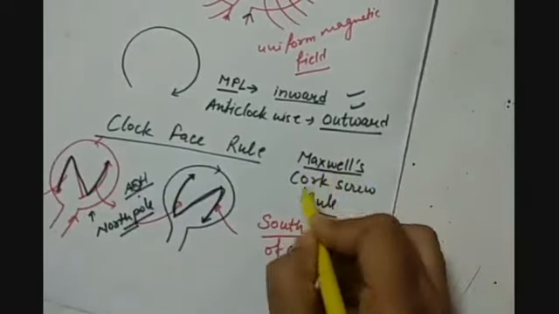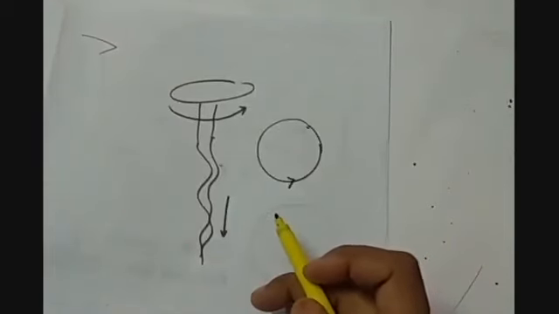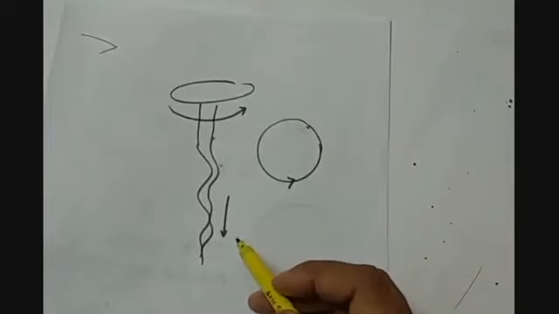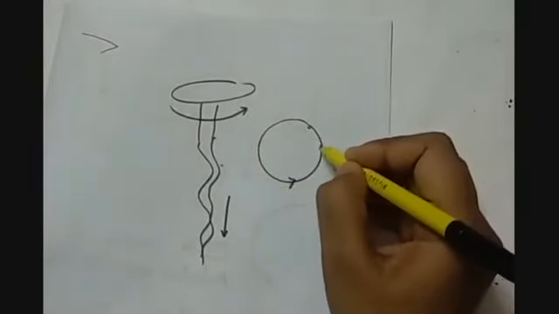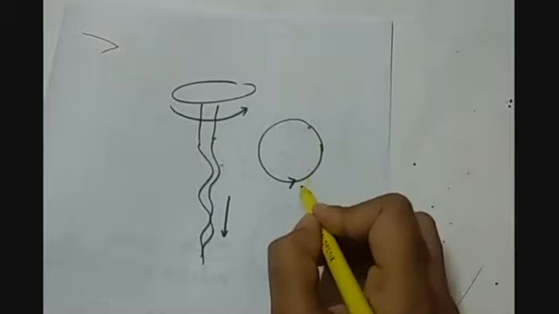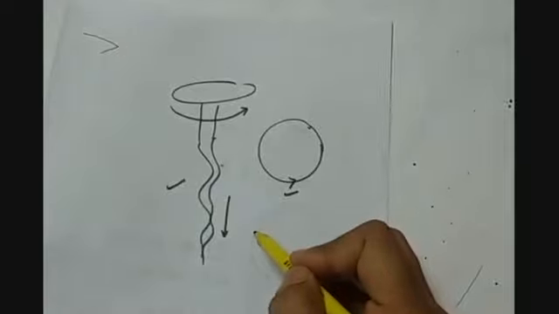Now why am I calling it Maxwell's corkscrew rule? Let us see the Maxwell's corkscrew rule now. So dear students, according to Maxwell's corkscrew rule, we have a circle in which the current is flowing, and we compare this circle having current with a screw.